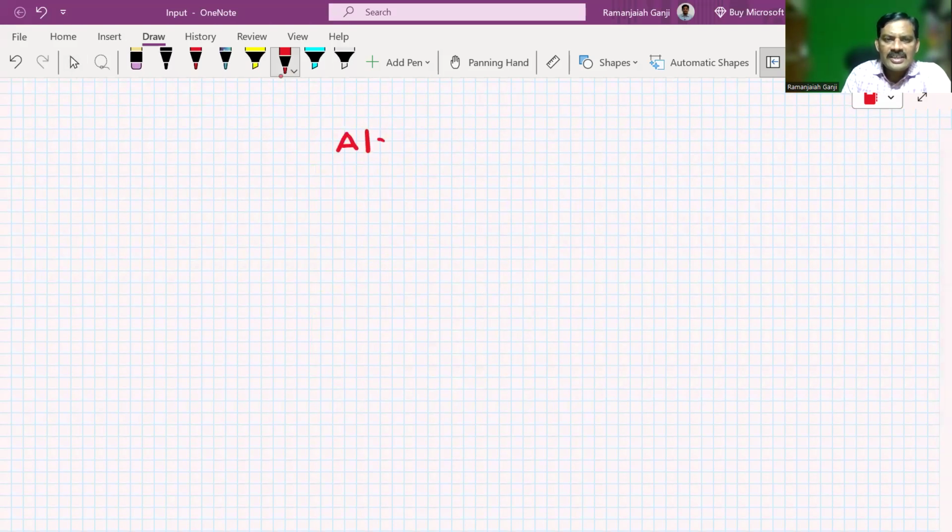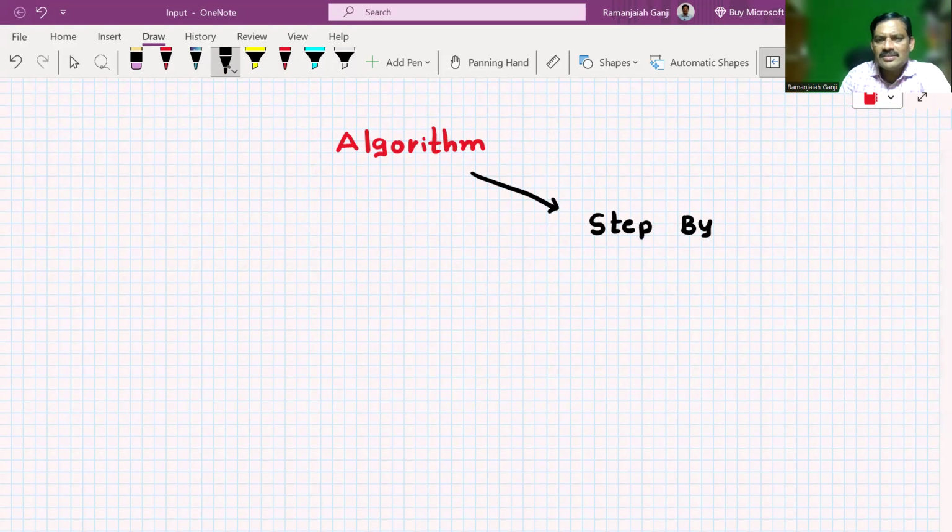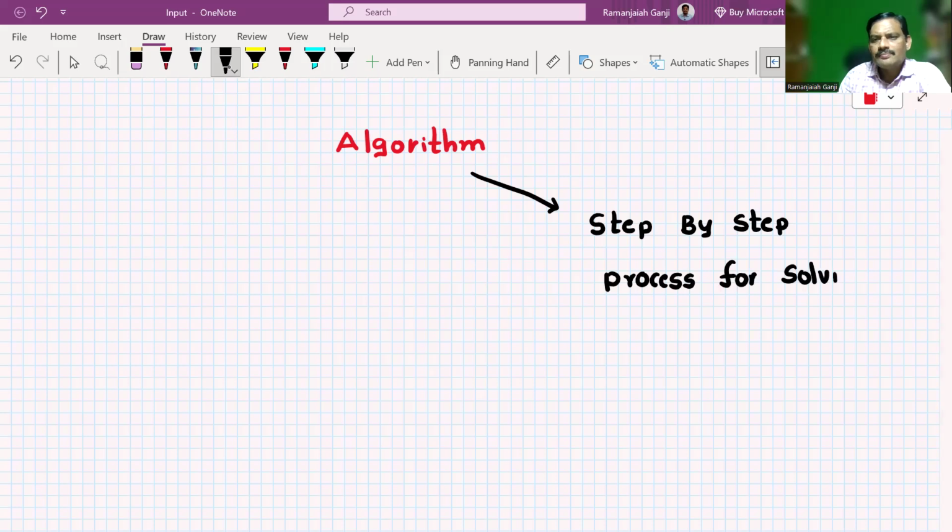The second stage is algorithm. The second step in our program development process is algorithm. What is an algorithm? Algorithm is nothing but a step-by-step process for solving a problem.